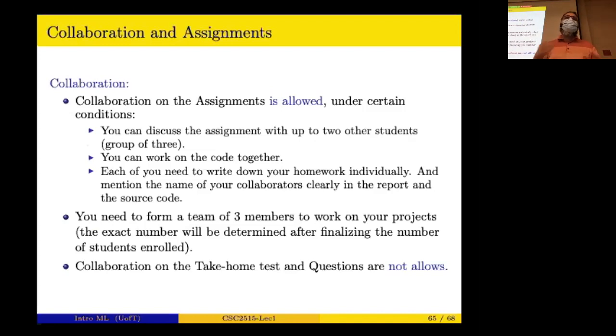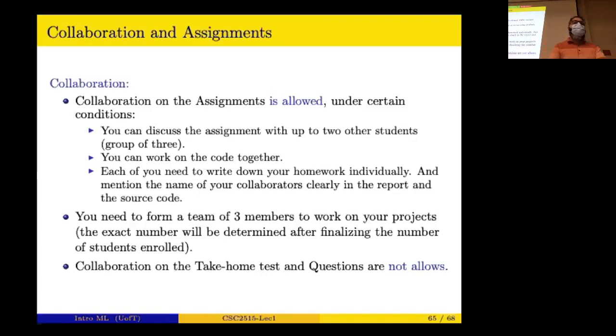So 3 separate reports, they shouldn't be exactly the same, but you can share the same source code. Also you need to mention who you have been working with. These are tentative, like 90% this is going to happen unless something changes, but that's my idea.